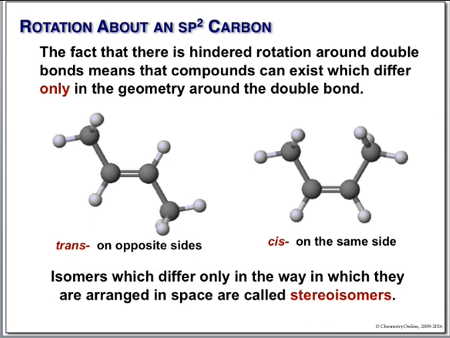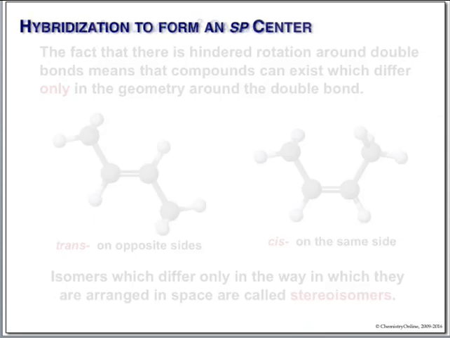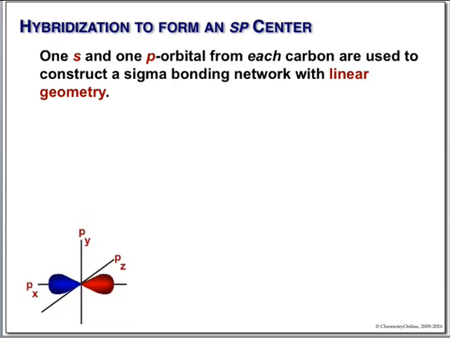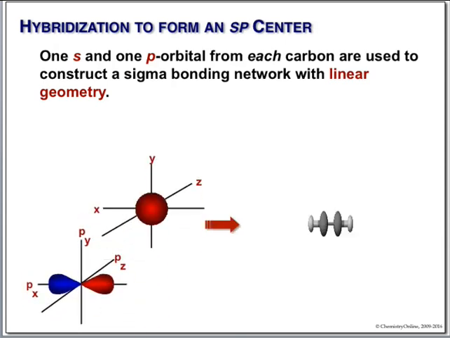Because these have the same everything, but they differ only in space, they are called stereoisomers. One of the big things in organic chemistry is stereoisomerism. For an sp center, pretty much the same thing. We have one s and one p, and we build a linear structure like this.